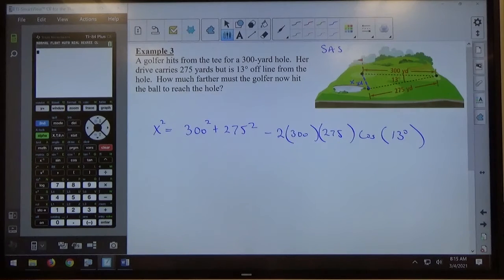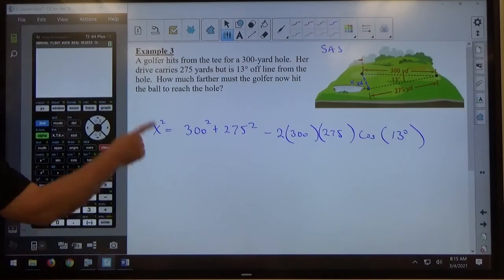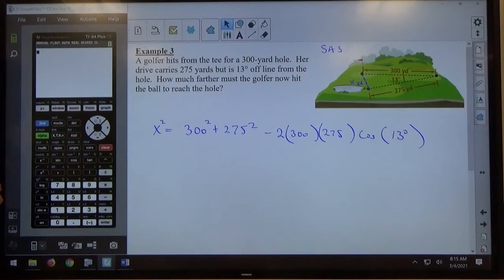All right. And just like yesterday, when you have x squared equals all that stuff in a numerical expression, I can just type that exact expression in. I want to make sure my calculator is set to degrees. On the gray calculator, it has a little DEG on the screen to let you know.